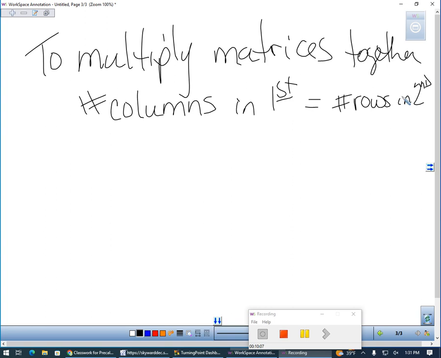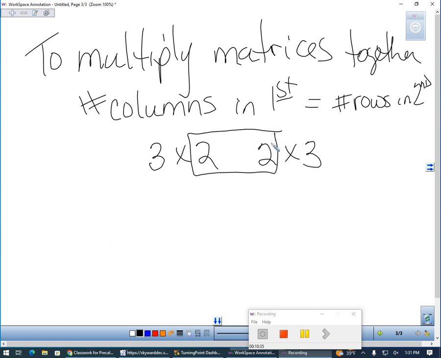So, for example, if I'm multiplying them together and my first one is a 3 by 2, so that's 3 rows by 2 columns, and my second one is a 2 by 3, the number of columns has to match the number of rows in the second one. See how these are the same? If they are the same, we get to multiply them.